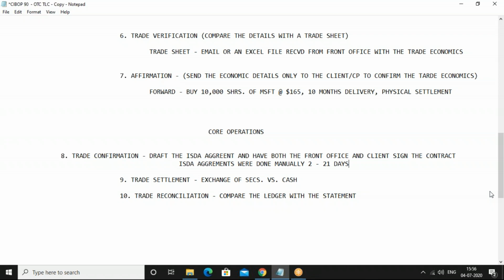So this is why you do affirmation, to ensure that both client and counterparty have the right details, so that when they create the ISDA agreement, it will be signed without a problem. Good question, Annette. Yes, it is a legally binding document to fulfill the contract.